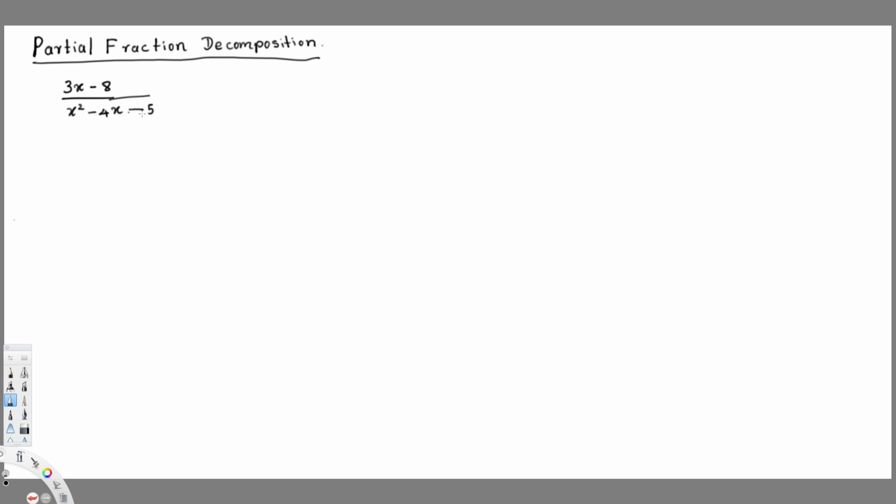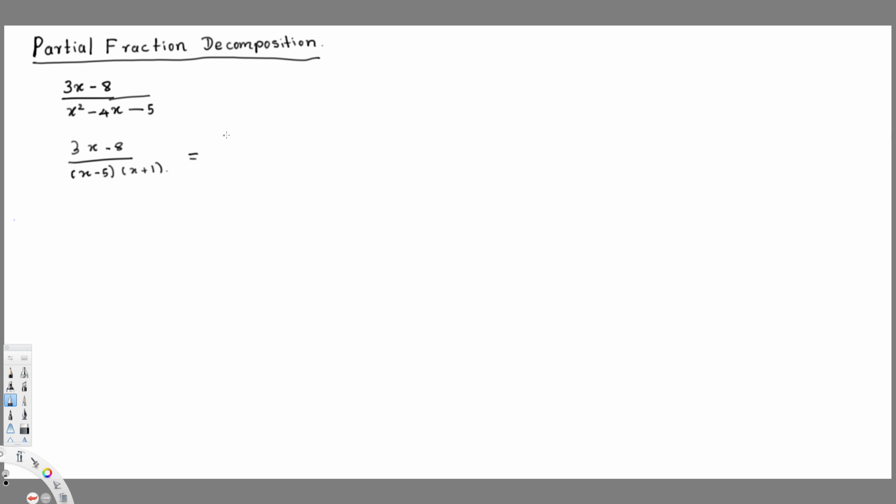In this case, this is factorable. We have 3x minus 8 in the numerator, and if we factor the denominator, it comes out to be x minus 5 times x plus 1.